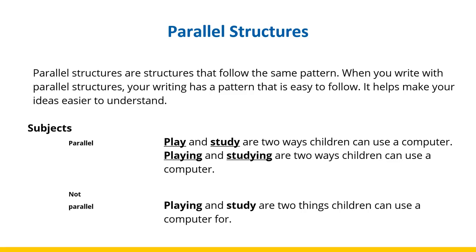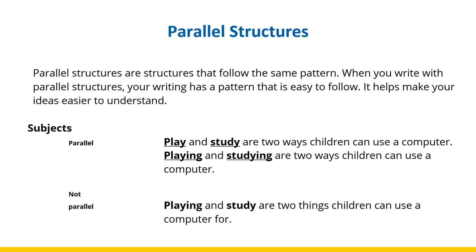The next sentence after that is not parallel, and you'll understand shortly why. Here we have: playing and study are two things children can use a computer for. As you see, the first word, playing, has the ing ending, and the second one, study, does not. So it's not a parallel sentence in this case.